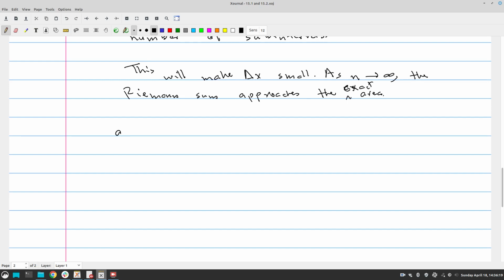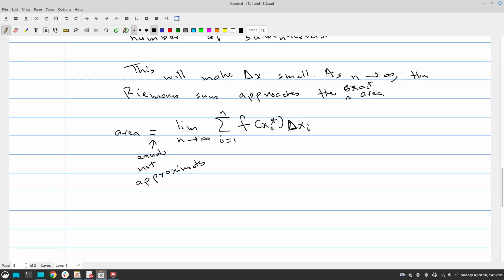So we say that the area equals, not approximates, the limit as n goes to infinity of the sum from i equals 1 to n of f of xi star delta x. So this is the basic idea.